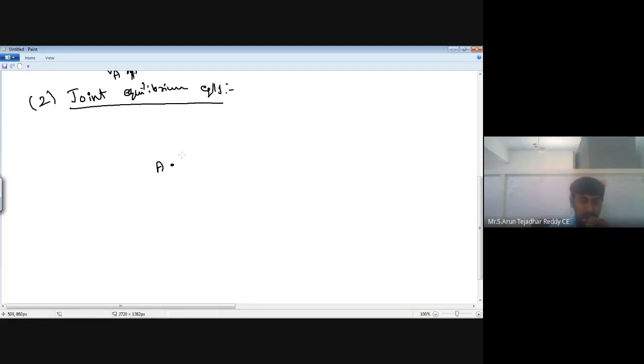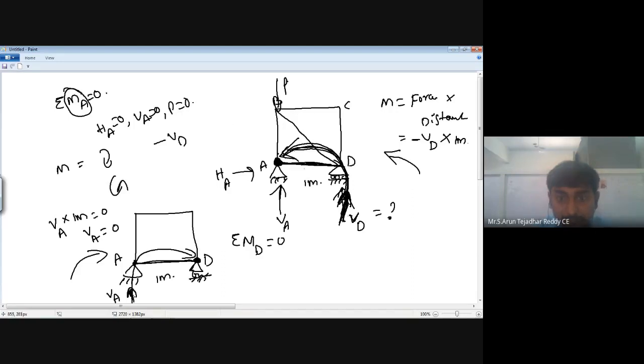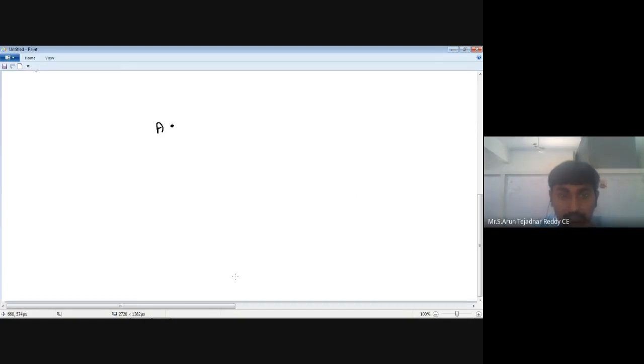Here I am going to take joint A. This is your diagram. At joint A, totally 2 members are acting, from A to D and from A to B.